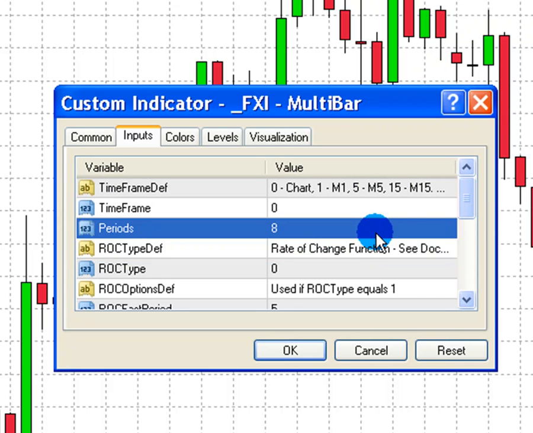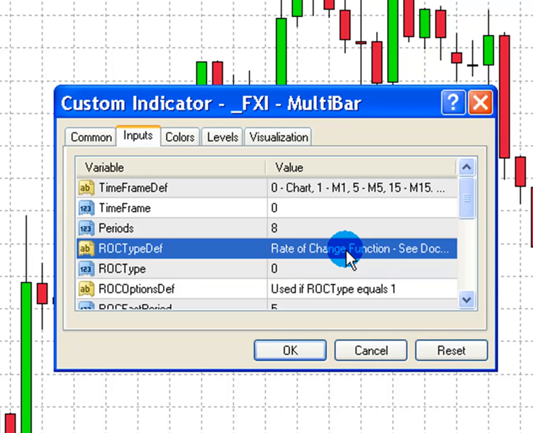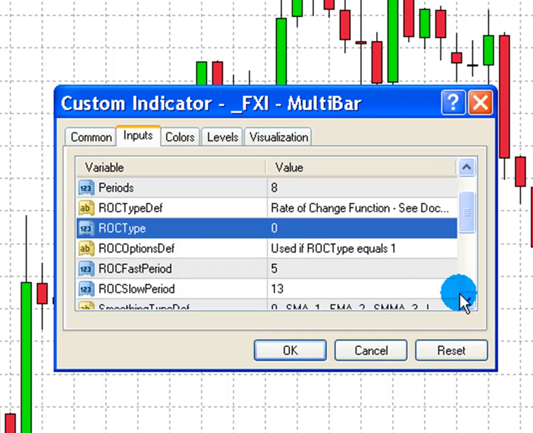Periods is the periods back that we're going to look in order to calculate the change in strength or change in momentum of the currency. In this case, it's 8 periods back. ROC type or rate of change type is either a 0 or a 1. We have more documentation on that in our manual. We're going to use 0, meaning that we're going to use some sort of standard moving average.